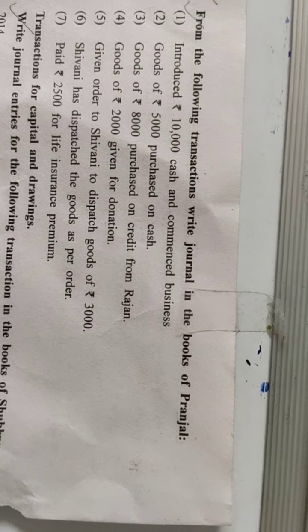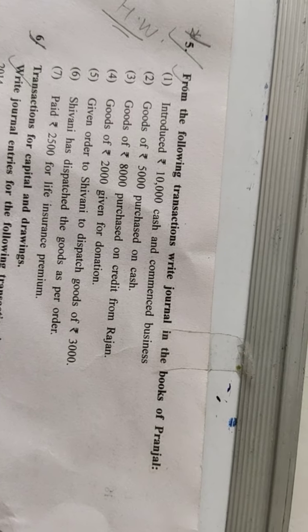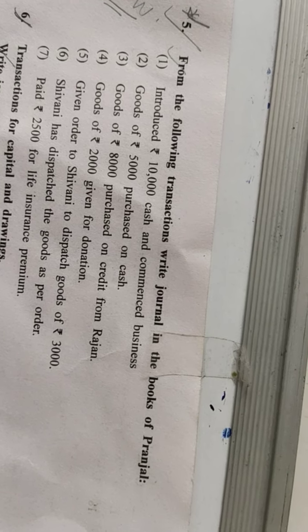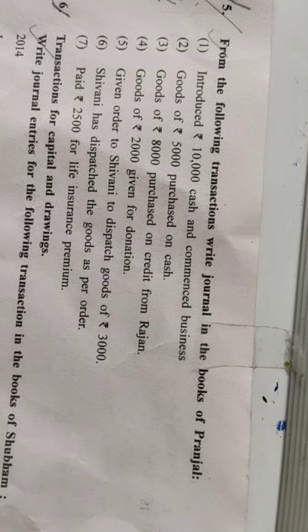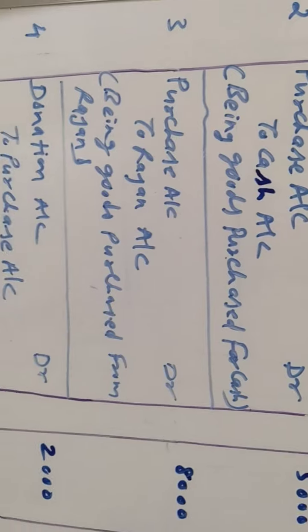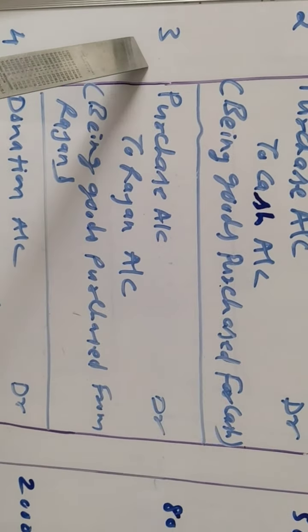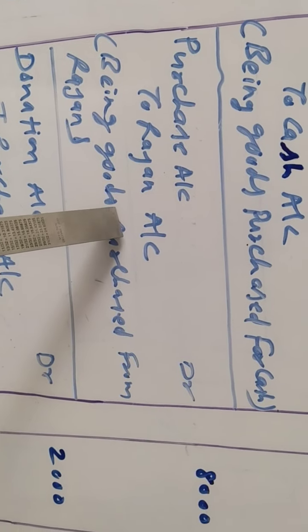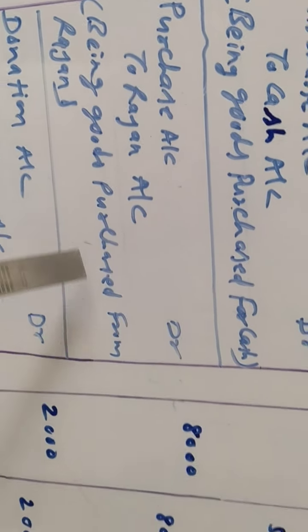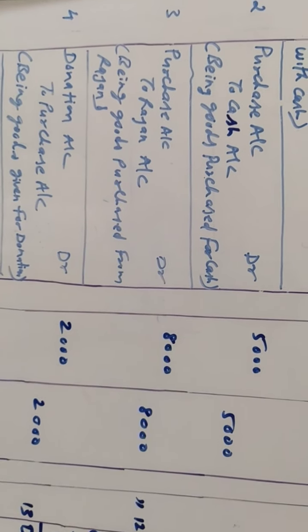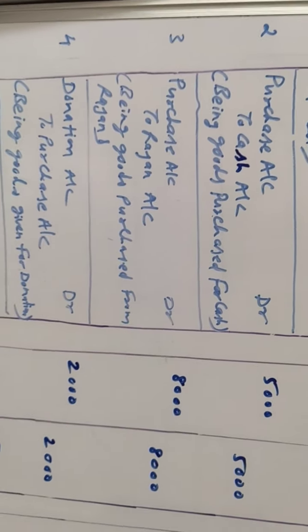Goods comes in, purchase account will be debited, Rajan is the giver, Rajan's account will be credited as per the rule of personal account. Credit the giver. So the entry will be purchase account debit to Rajan account, being goods purchased from Rajan, 8,000 in both the columns.